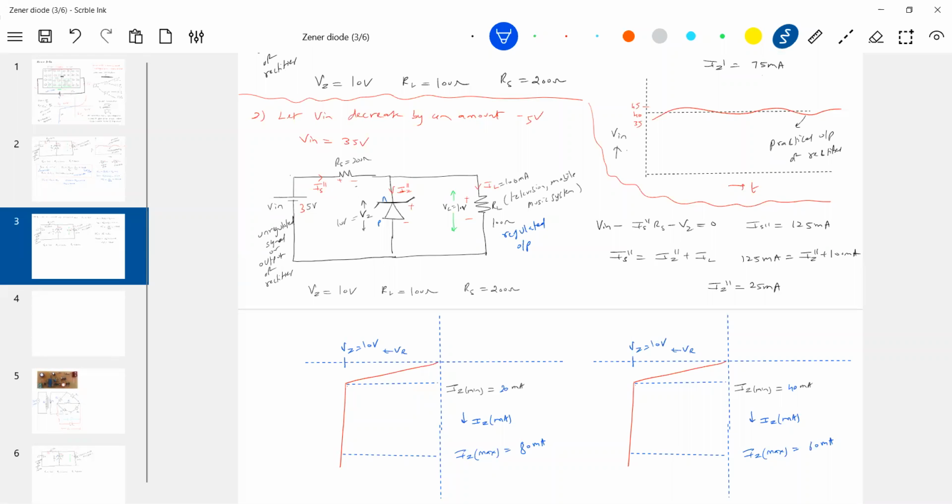Tell me, which Zener diode will you prefer for this particular condition? The first one or the second one? What is the problem with the second one? What is the minimum current it can withstand? 40 milliampere. But the minimum current here is 25 milliampere. So the second Zener diode cannot regulate.